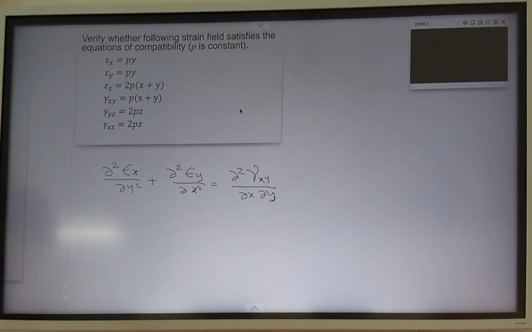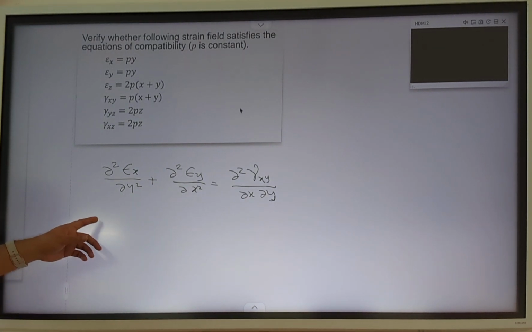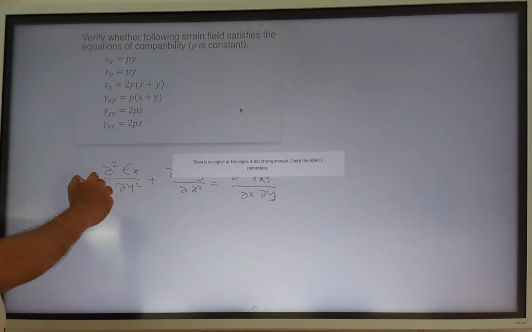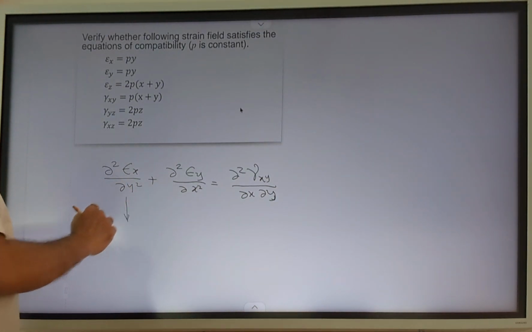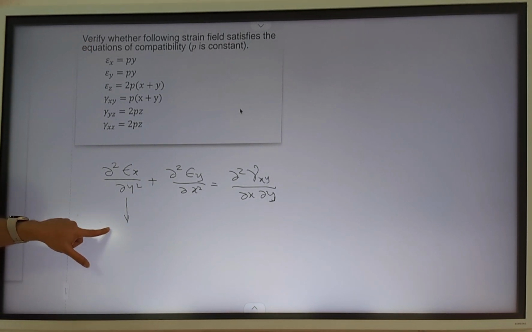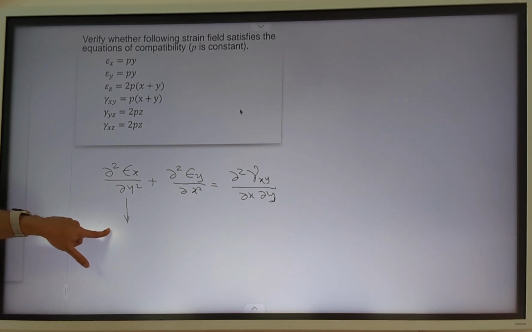So that is the first equation. Okay. So you have the epsilon x function given there. What is the value of this second derivative of epsilon x?